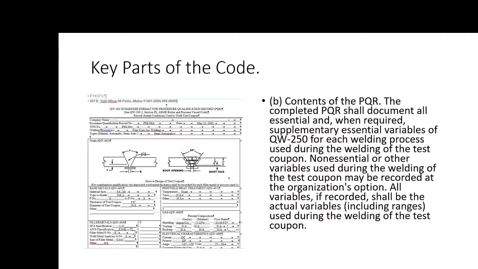Some other key parts of the code that I throw in there, depending on what I'm reviewing, is the contents of the PQR. This is out of ASME Section 9. It tells them everything that needs to be addressed in the PQR. So I throw that out there in general.